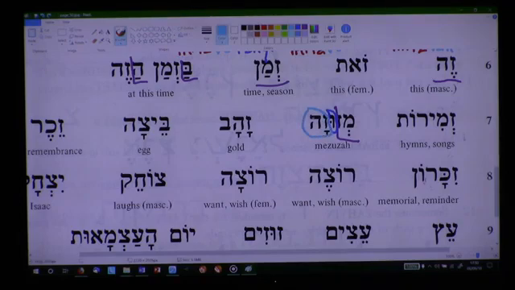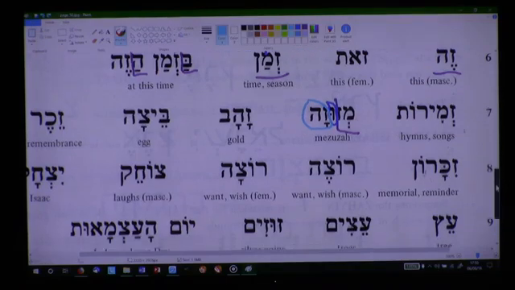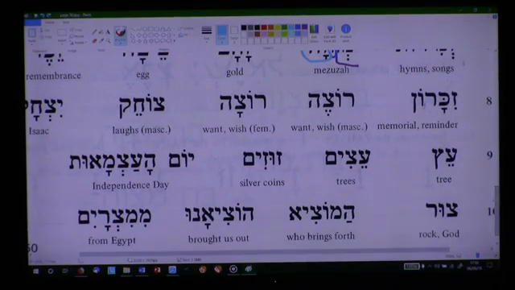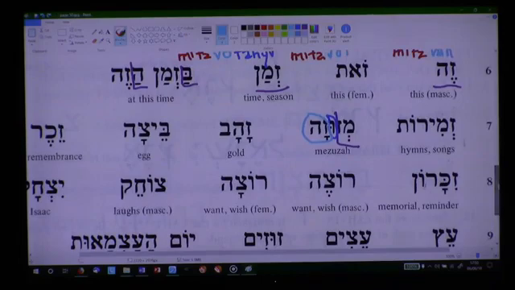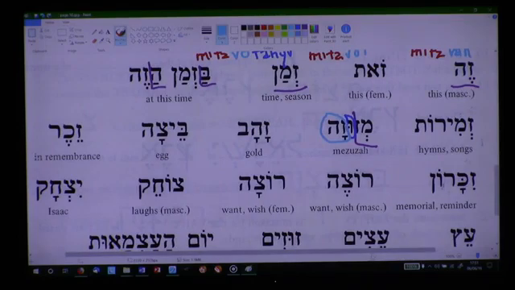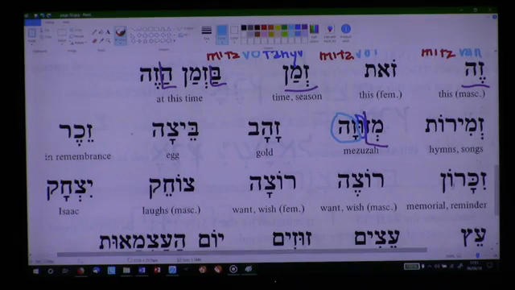The mezuzah is the scroll, the little script that is inside the mezuzah case. And the mezuzah has written on it the Shema and then some extra additional stuff. There is no commandment for what is in it. It's tradition, right? And the mezuzah, I didn't want to go there, so I'm going to skip it.